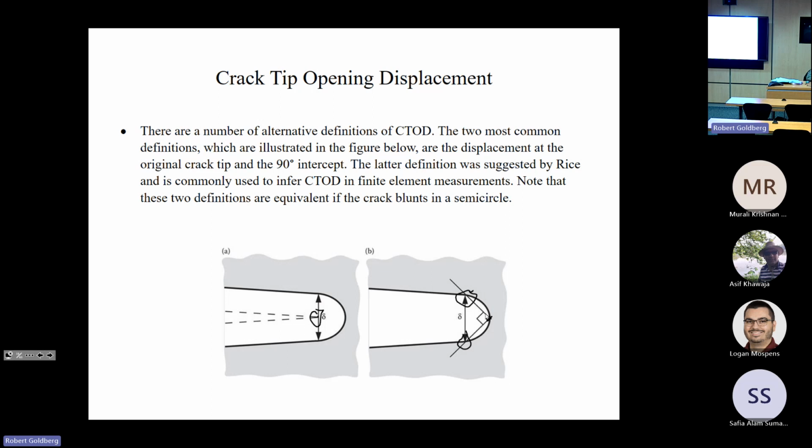And a paper by Rice said that for finite element measurements, this is potentially a good way of measuring crack tip opening displacement based on a finite element analysis. And an important point to note is that if your crack blunts into a semicircle, then these two definitions give you the same thing just by the behavior of a circle. Okay.